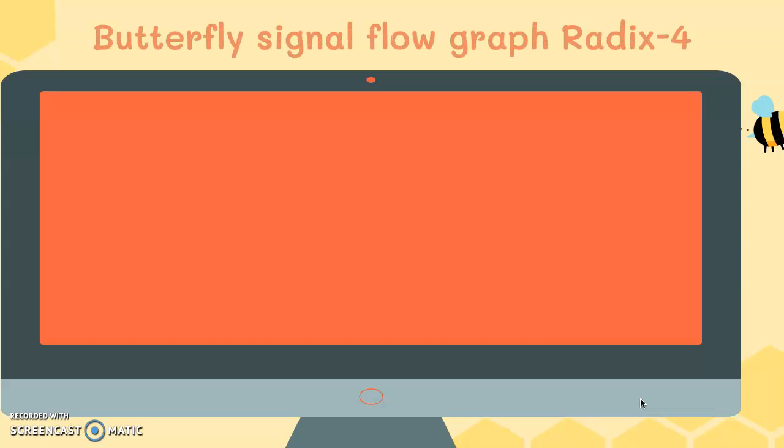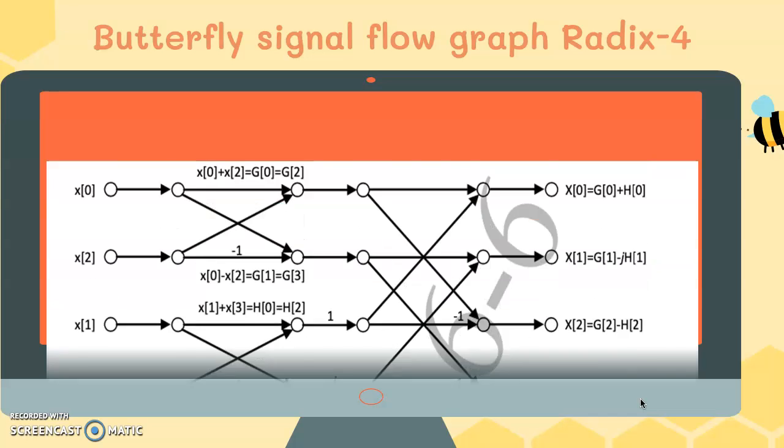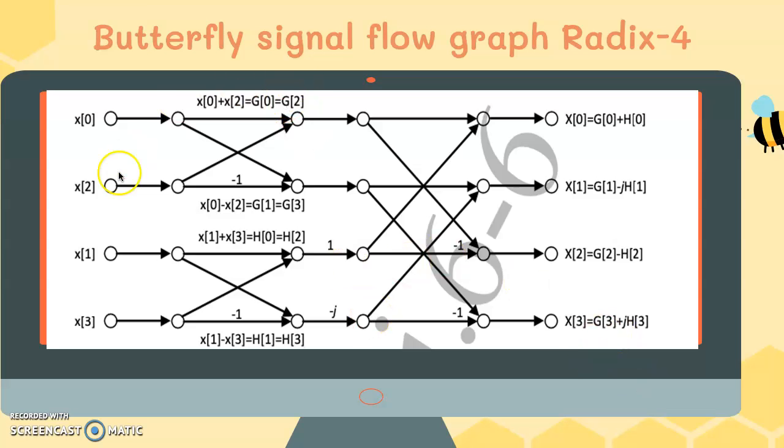So this is the butterfly signal flow graph for radix-4. Okay, so how to draw this? Remember, this is the input, so start with even first. So x0, x2, x1, x3. But the output will be X0, X1, X2, X3. Just the input, you have to alternate so that we can draw it nicely.